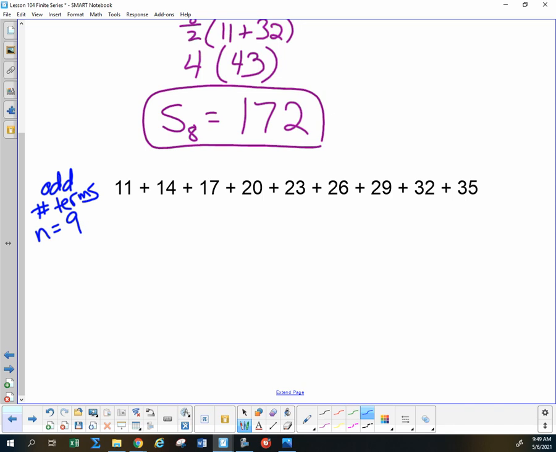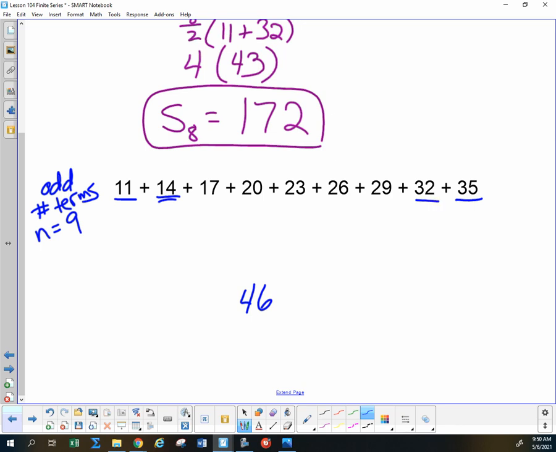So I'm going to start trying to pair things up again. Since I have more terms, I'm not adding the same thing for my first and my last. This time I need to add 11 and 35, and now what do I get? So I get 46. Well, let's make some pairs.